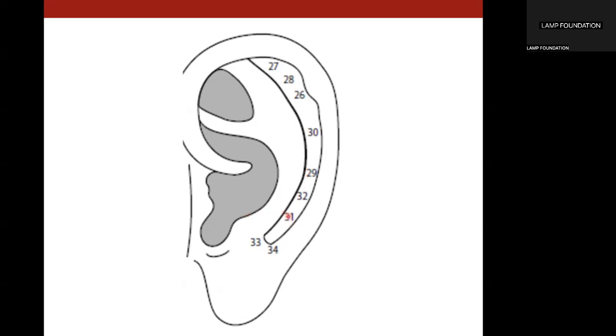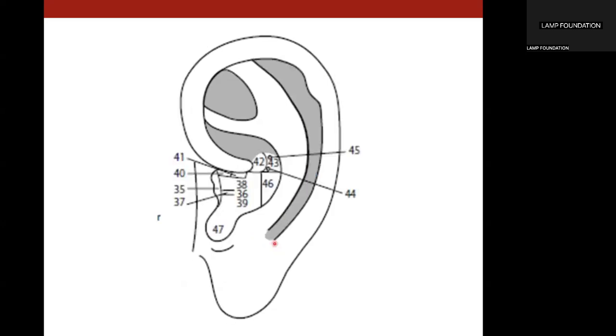Some sources would place the clavicle point level with the notch above the Antitragus. 32 is shoulder point, midway between shoulder and clavicle points. 33 is thyroid, medial border of the scapha, parallel but slightly inferior to throat and teeth point. 34 is nephritis point, below the clavicle point at the end of the lateral border of the scapha.